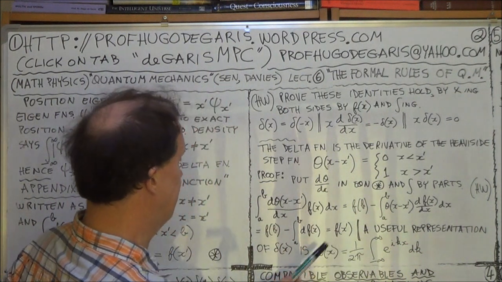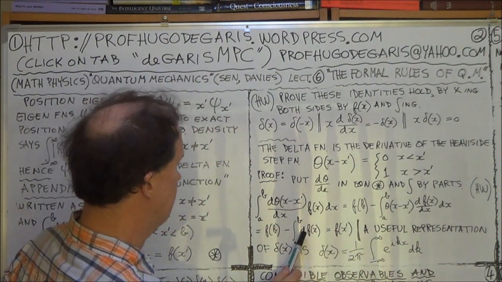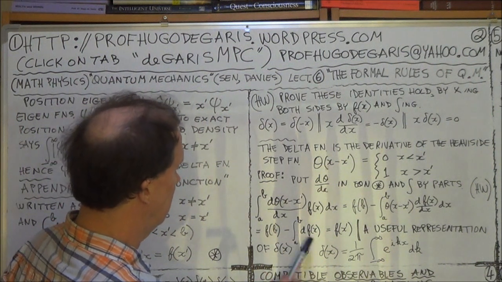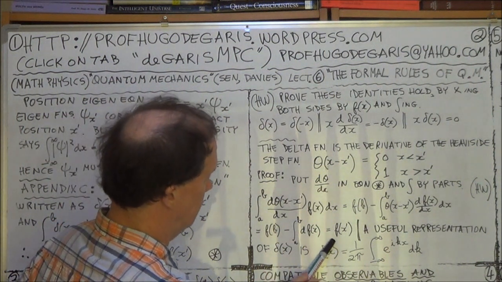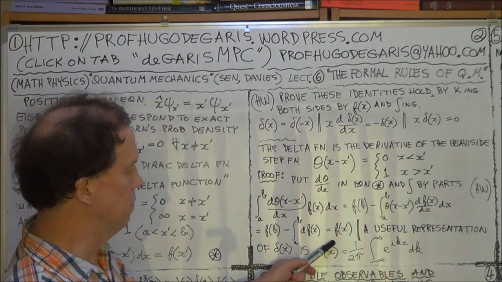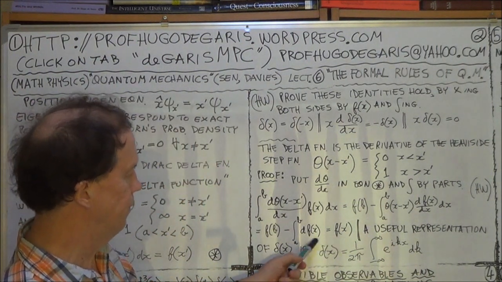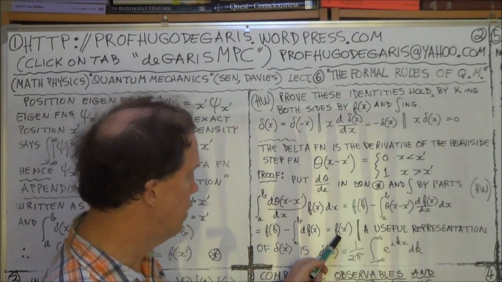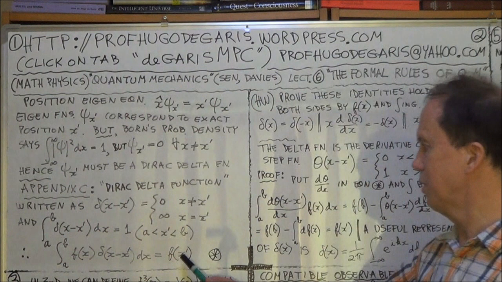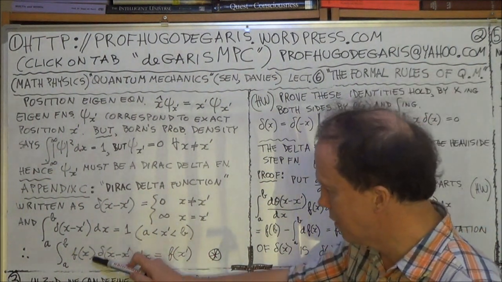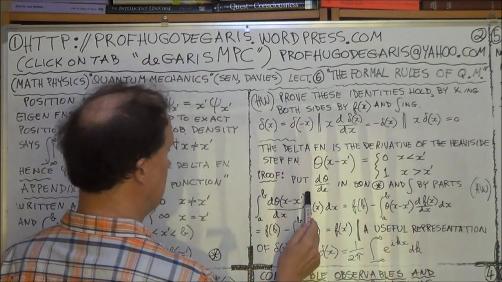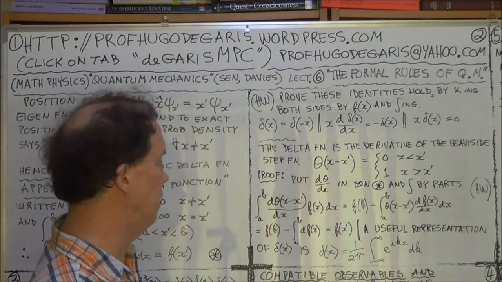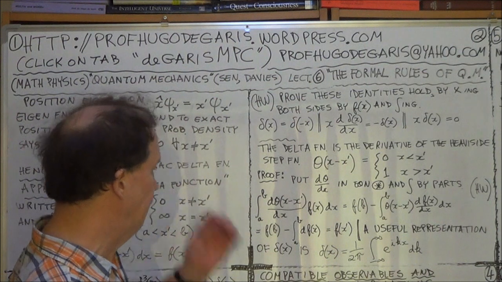So you get this, and so this just becomes f at these two limits, and you get that as the result. Now maybe that's not so trivial, but that's left as homework, right? So you do get f of x dashed, which is here, which shows that this and this are the same, right? Because they give you the same result, right?